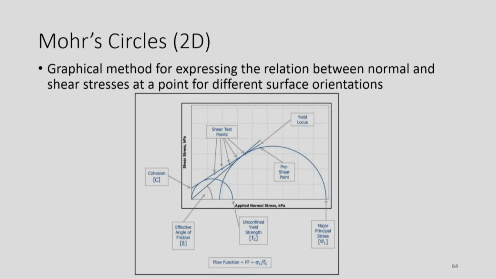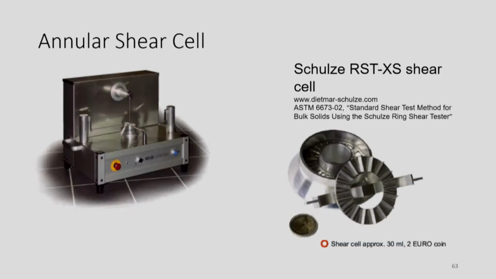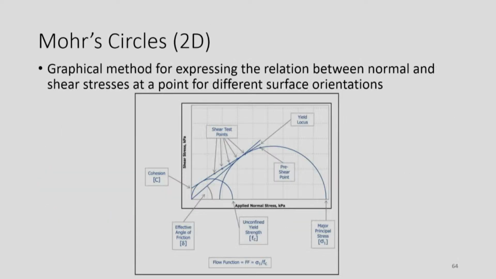So how do we draw Mohr circles? From this testing, you get two values, right? The normal force and the shear force. So we use those two, the applied normal stress and the shear stress. But you are applying force, so you will have to calculate stress. How do we calculate stress from force?